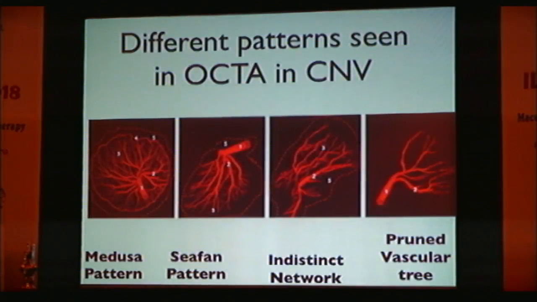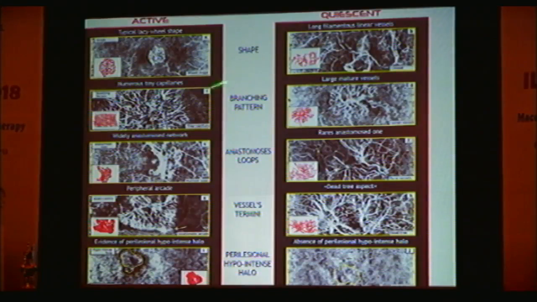Different patterns that are seen in OCT angiography are a Medusa pattern, a sea-fan pattern, an indistinct network, or a pruned vascular tree. And this tells us whether the lesion that we are looking at is active or quiescent.